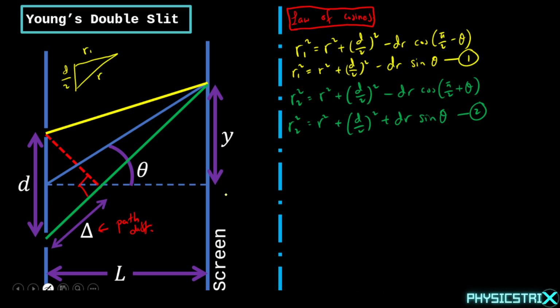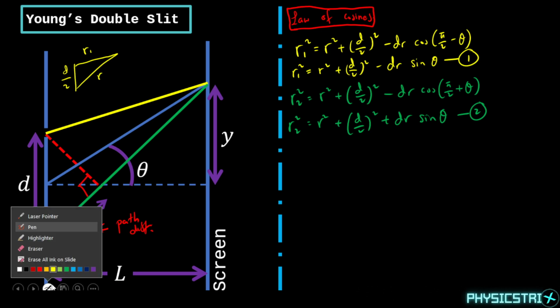From here, what we can do is take the difference, because that's what we're looking for. We are looking for the path difference. However, we can simplify this a bit further.